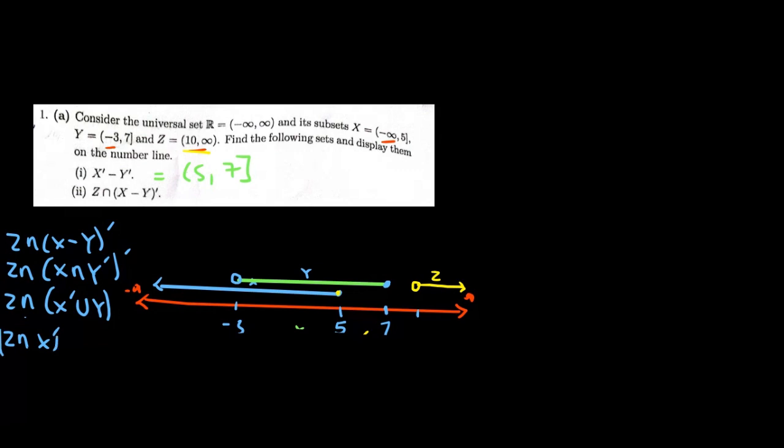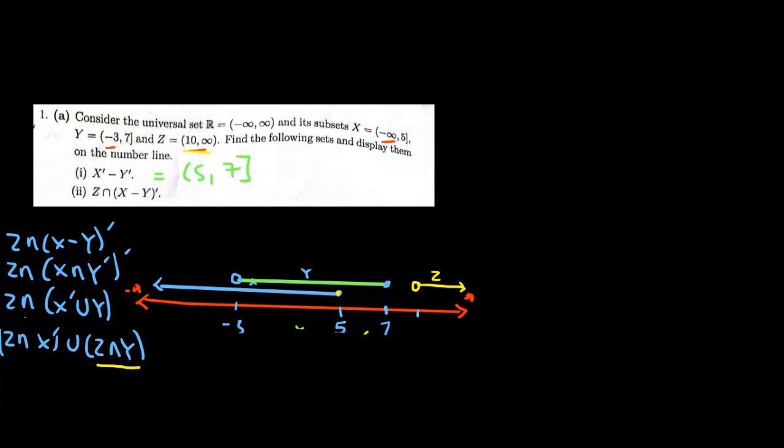I can easily identify from this diagram where these intersect. So I have Z here, Z is in yellow, then I have Y in green. I can see from here there's no intersection. These two sets have no intersection. So this other side is just the empty set.